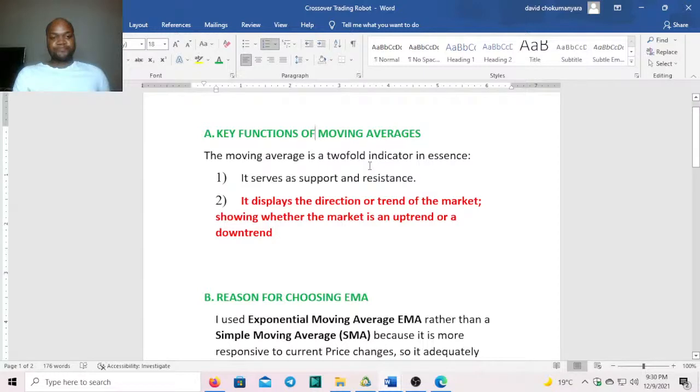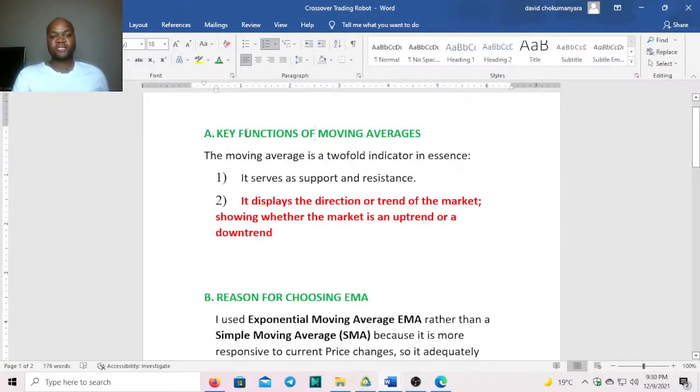I'm not going to talk about the definition of moving average, or how we end up having these moving averages. I'm going to jump straight into talking about the key functions of moving averages.